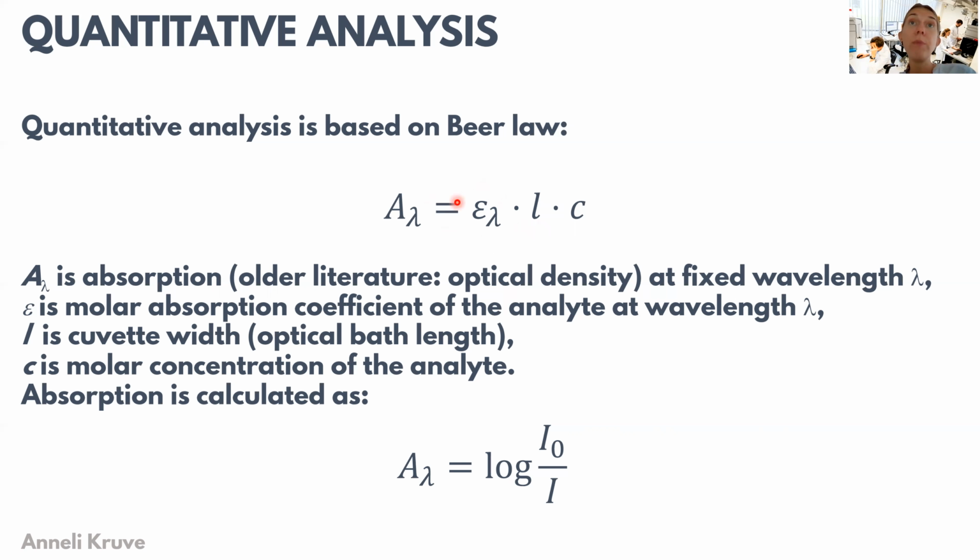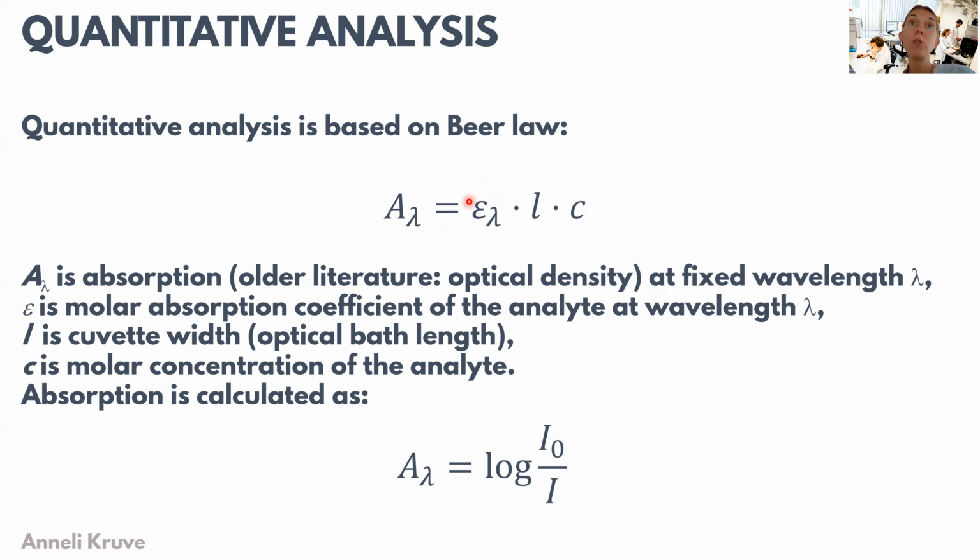And also a very important part here is the molar absorption coefficient. And this molar absorption coefficient is specific to a compound and specific to the wavelength. And it describes how much a compound is absorbing at a unit concentration at this specific wavelength.